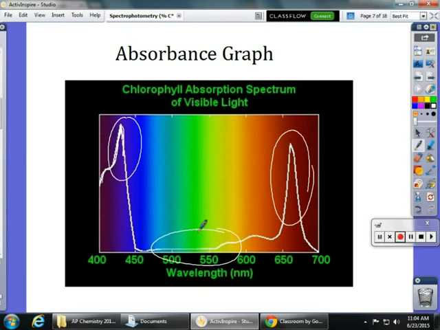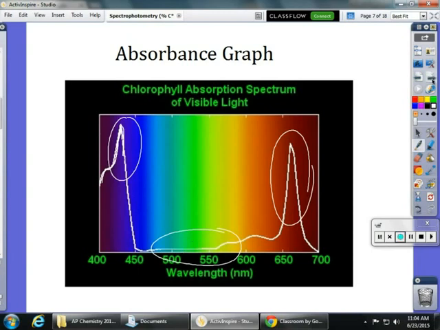And that is in fact why chlorophyll is green, because it's absorbing ultraviolet light, it's absorbing red light, and it's transmitting the green light. That is, it's not absorbing it, and that's why it's going to appear to be green to us. So this could allow you to identify a particular material.